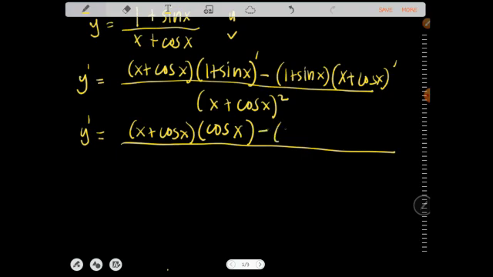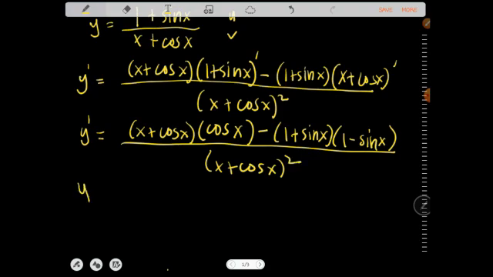Minus, copy mo lang itong u, 1 plus sine of x. Tapos, i-differentiate natin yan. Derivative of x is 1. Okay? So, this is 1. Derivative of cosine x is negative sine x all over x plus cosine x squared.